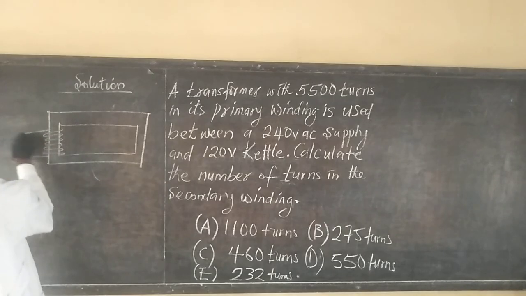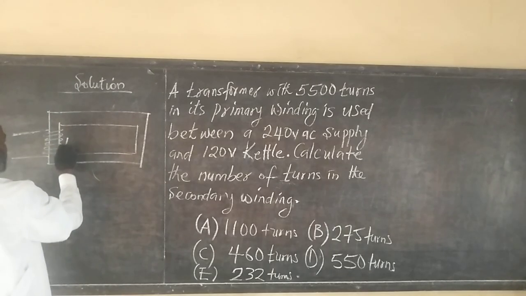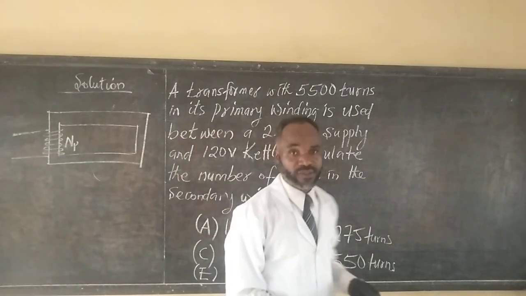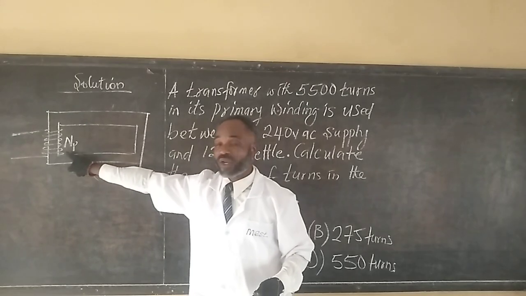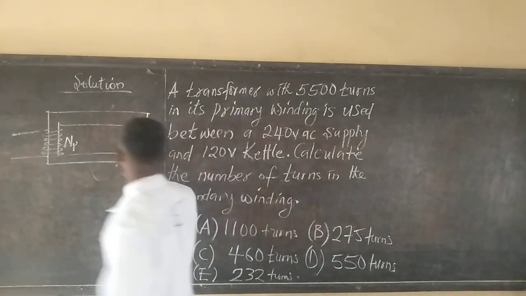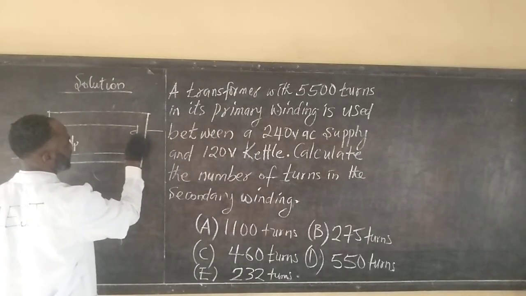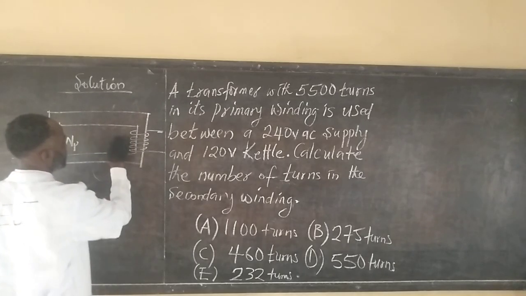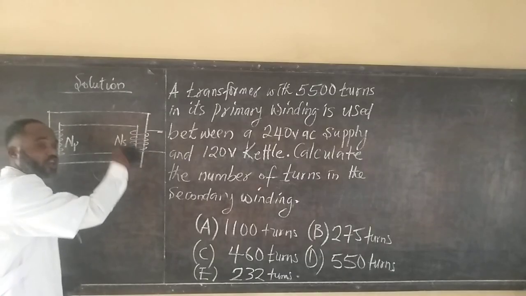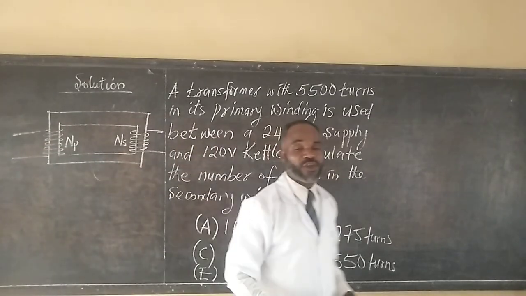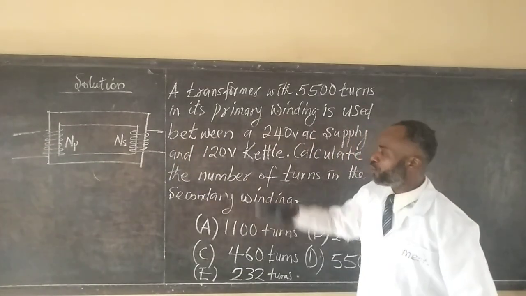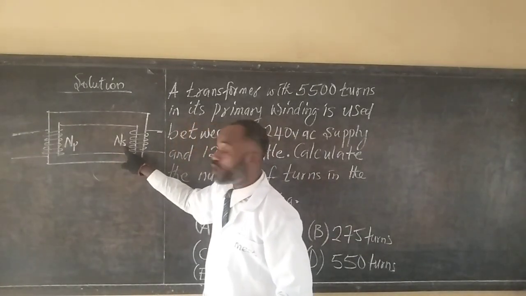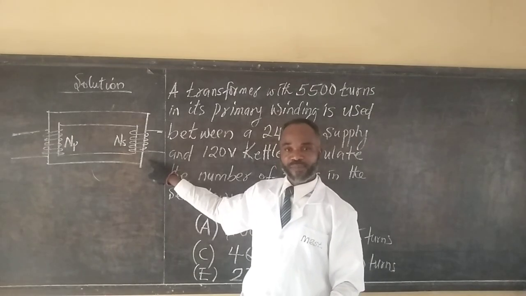Okay, good. This is NP, the number of turns in the primary coil. And then this side is going to be something like this. This is NX, the number of turns in the secondary coil.